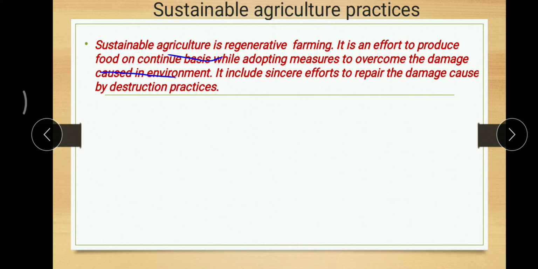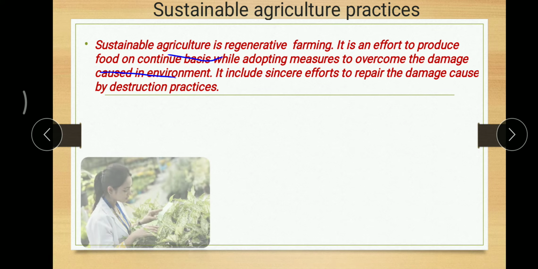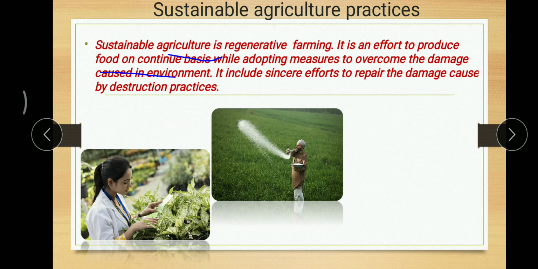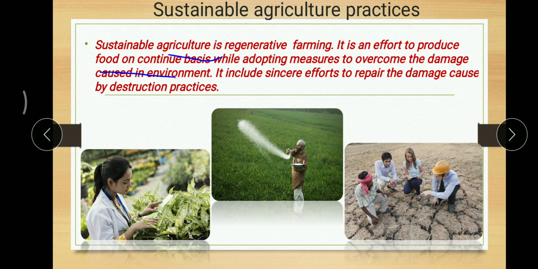In the last century, modern agriculture was started. Actually, it was the need of the hour because the population was increasing at high speed, and to feed all the people the traditional agriculture methods were inefficient, so all countries started using modern agriculture.